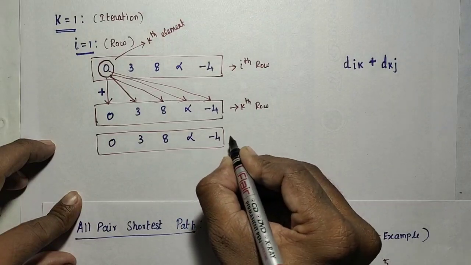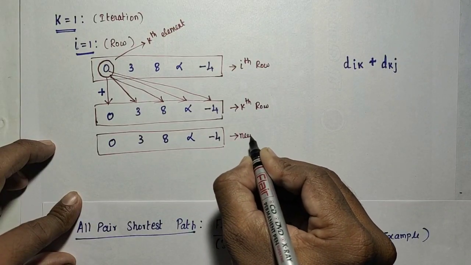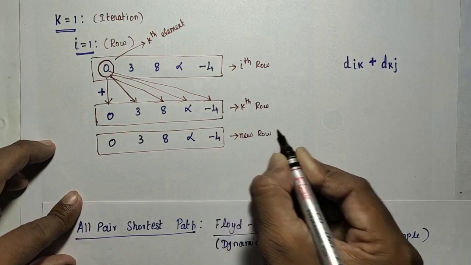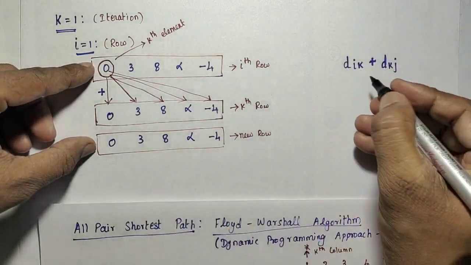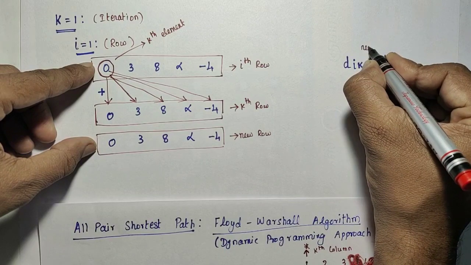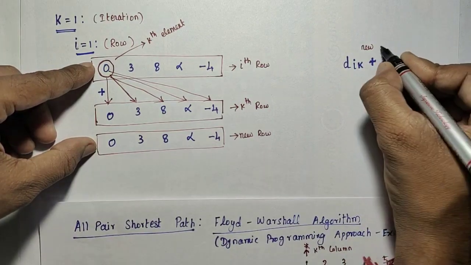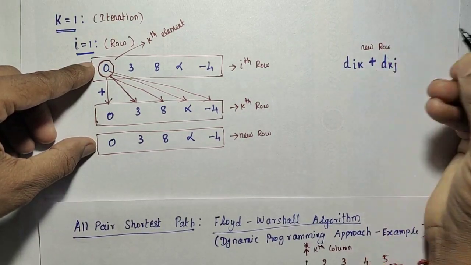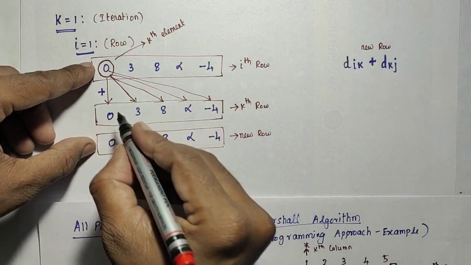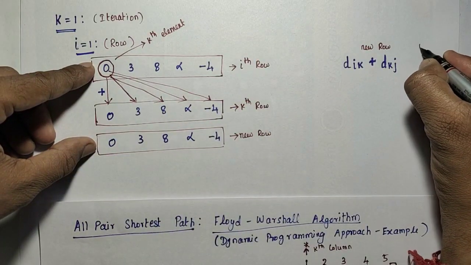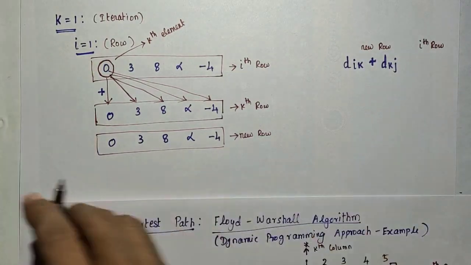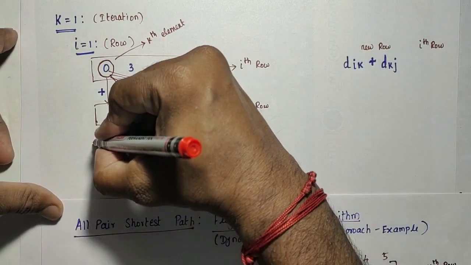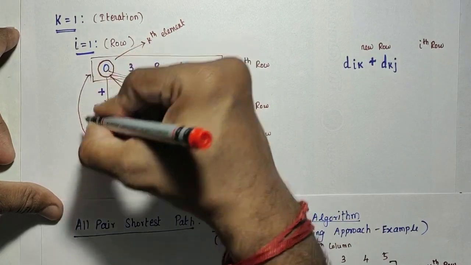This is the new row. So now the new row elements, the added ones, and then the existing ith row elements need to be compared. So this and this need to be compared.